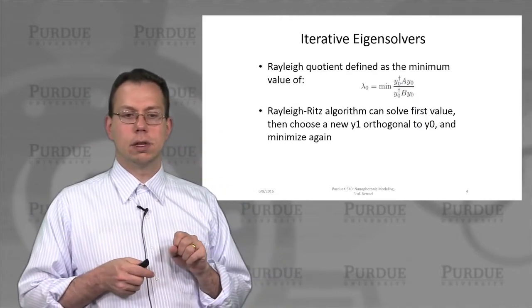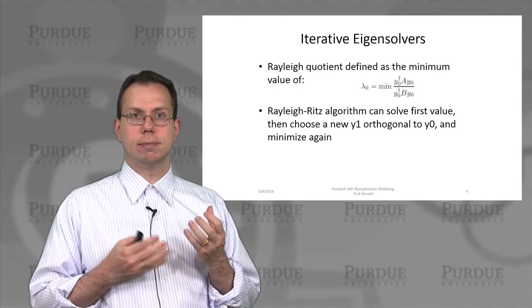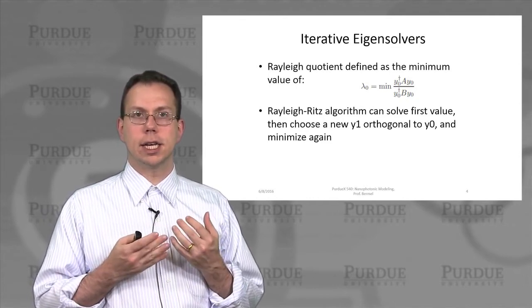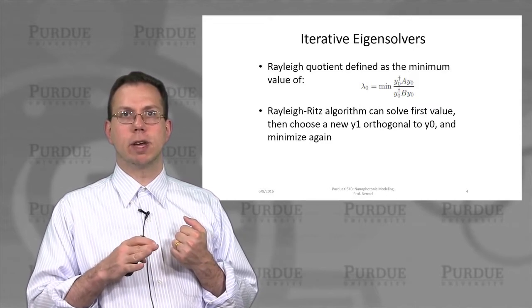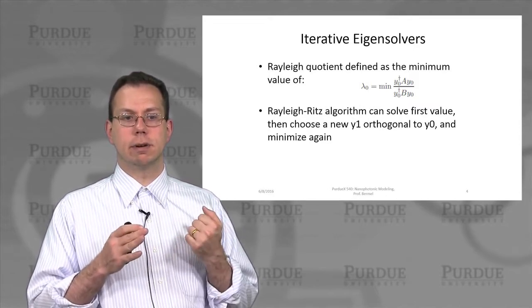The Rayleigh quotient is often used in understanding the variational principle to minimize the wave function or the energy of a particle.